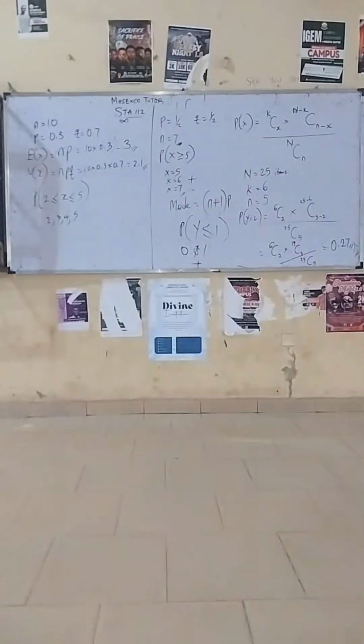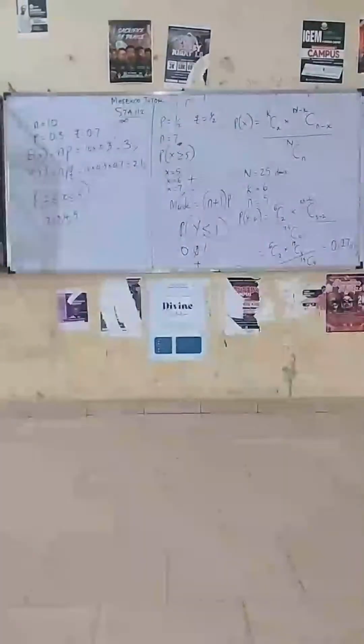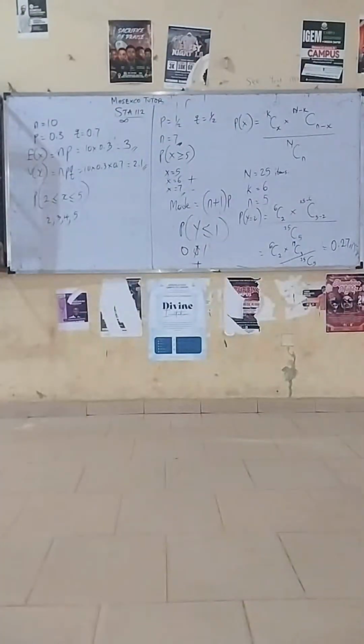Independent. Meaning that they are not affected. So if outcome A is not affected by outcome B, events A and B are independent.